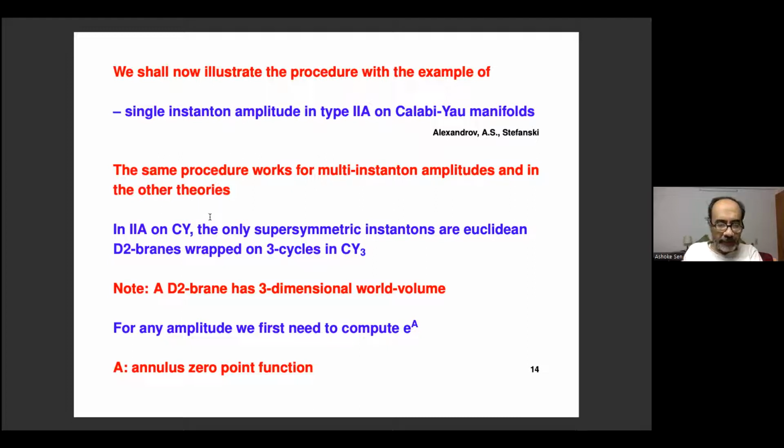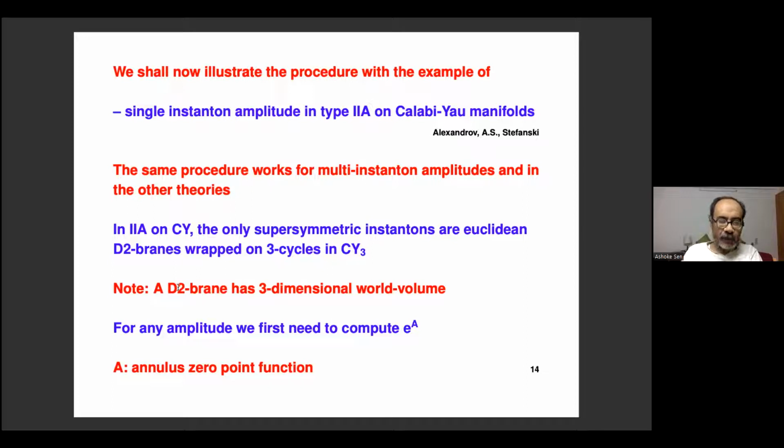Now, since we are focusing on type 2 on Calabi-Yau manifolds, let me just say that in type 2 on Calabi-Yau manifolds, the only supersymmetric instantons are Euclidean D2 branes wrapped on 3 cycles in the Calabi-Yau threefold. And here I should note that a Euclidean D2 brane is actually a 3-dimensional object, right?